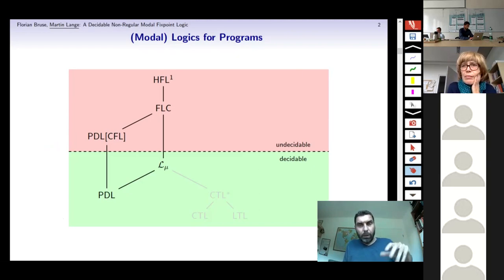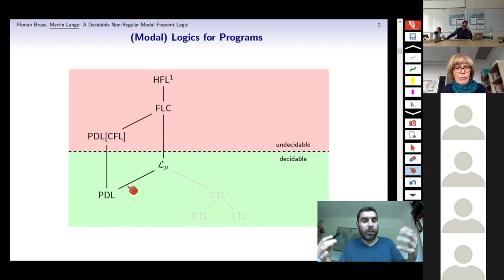So, of course, the question now is: where exactly is the decidability border? How can we push this up further? So far, this looks like, well, if you only use regular things, then you stay decidable. As soon as you use something non-regular in these logics, you become undecidable. And that's not quite true.